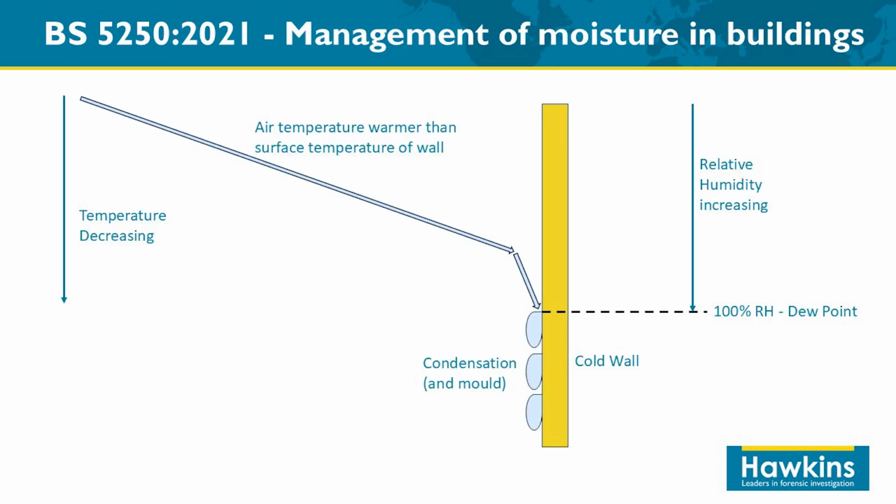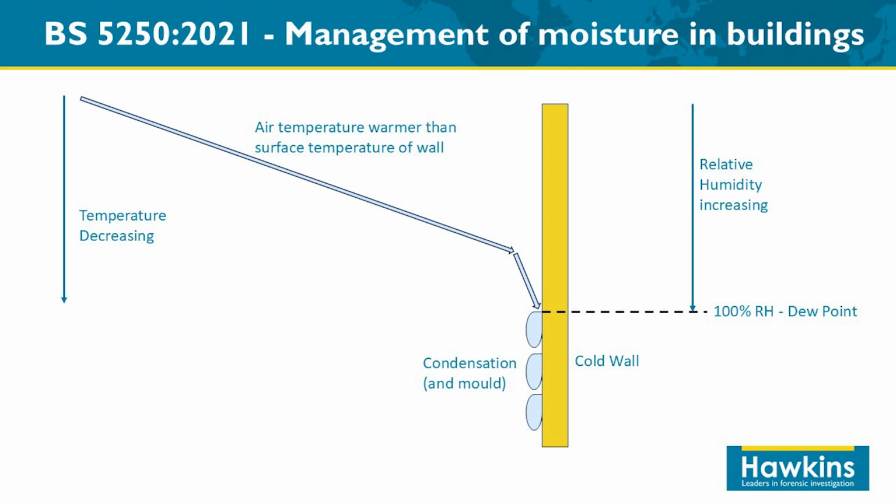I've just drawn this diagram to try and explain the phenomenon of condensation and how this then leads to mould. So, warm air inside a property, and the walls are colder. What will happen as the air touches the wall? The air will cool down, and if the wall's significantly cold, the air, as it cools, the humidity of that air will go up.